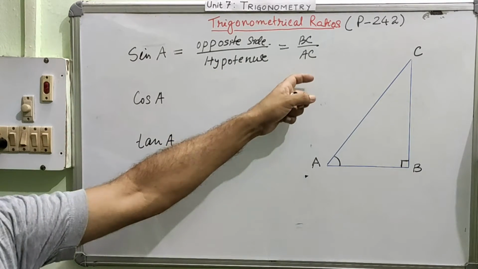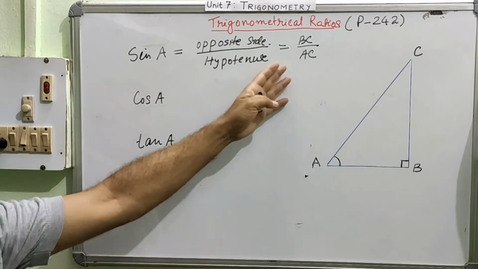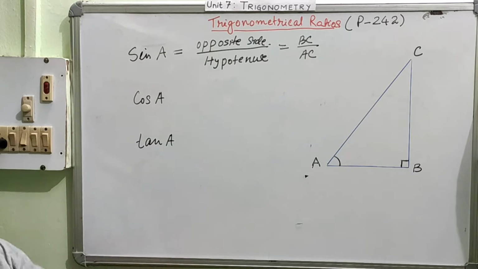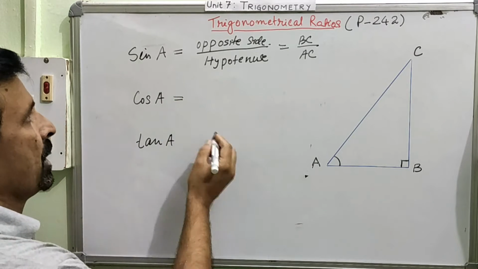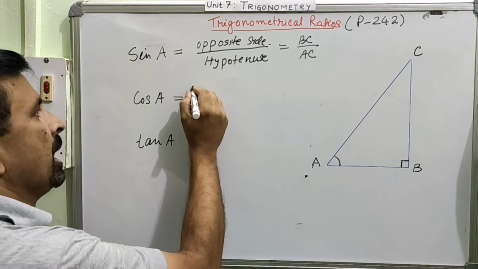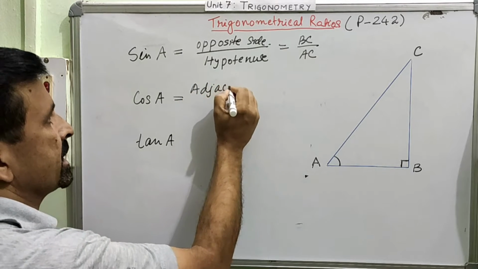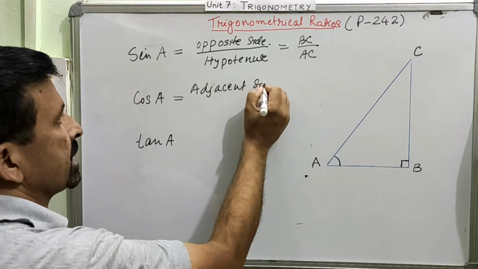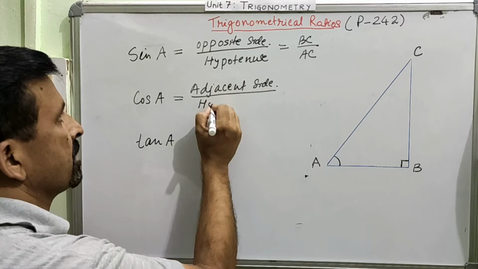So this becomes the ratio of sine A. And we need to remember this. You have to memorize it. This is very simple, because when you solve some 5-10 questions, automatically you will be able to remember it, and then you will remember it forever. Nobody forgets it. Okay. Now the next one is cos A. The ratio of cos A is the adjacent side divided by the hypotenuse.